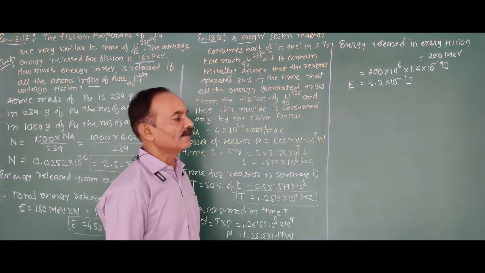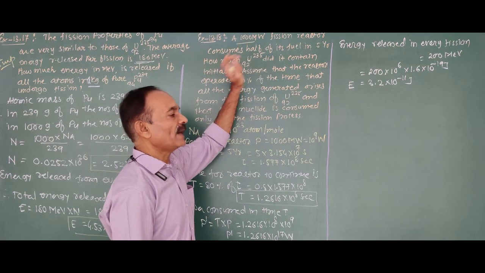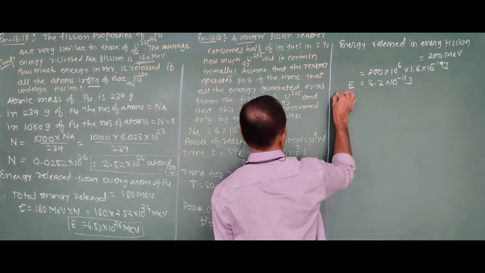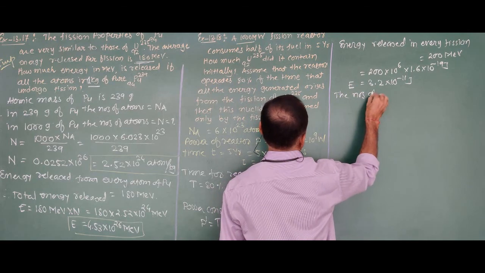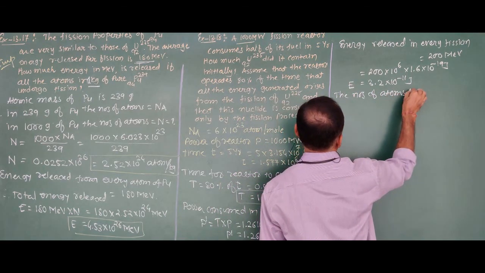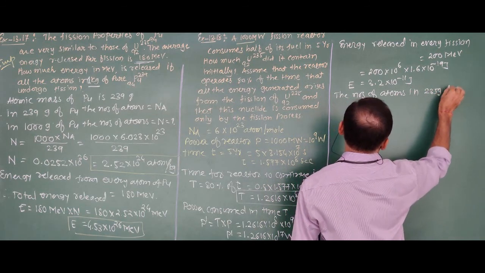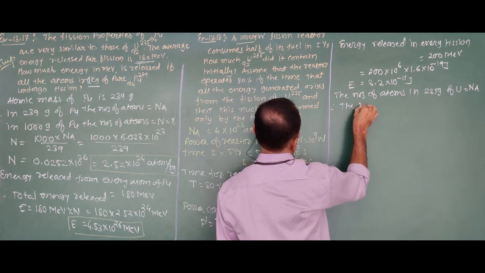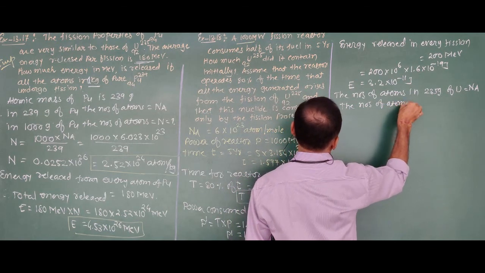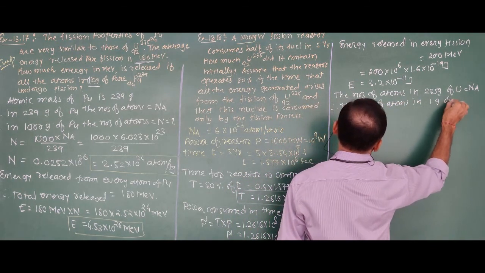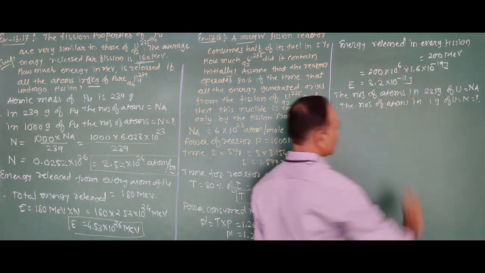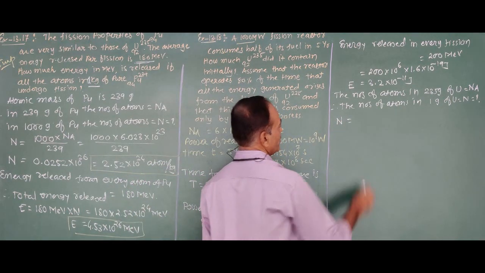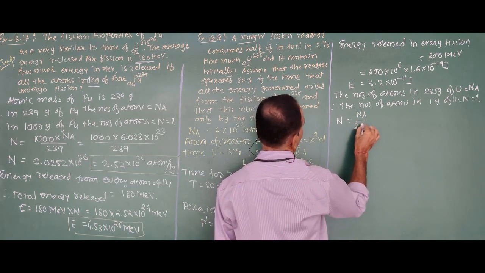Therefore, the number of atoms in 235 gram of uranium is N_A, and therefore the number of atoms in 1 gram of uranium N is equal to N_A upon 235.